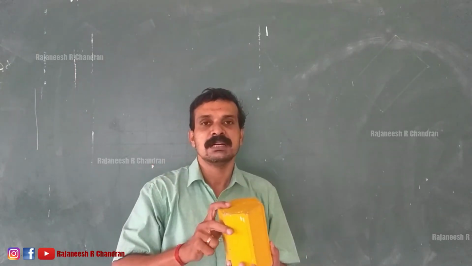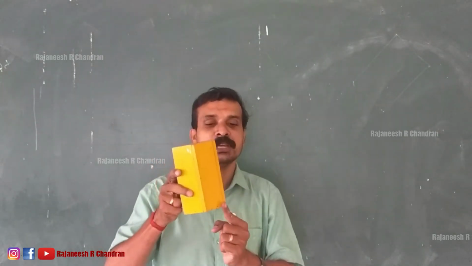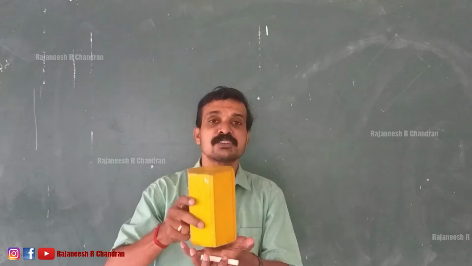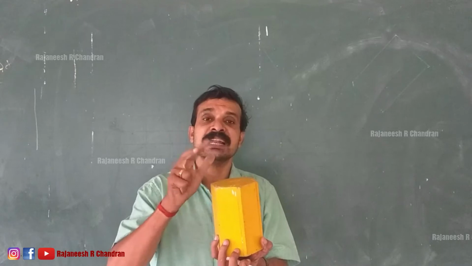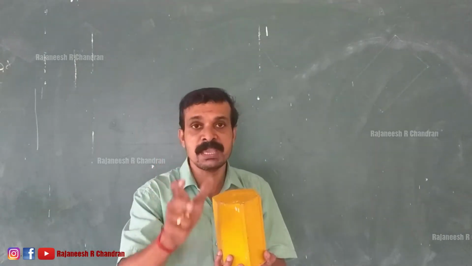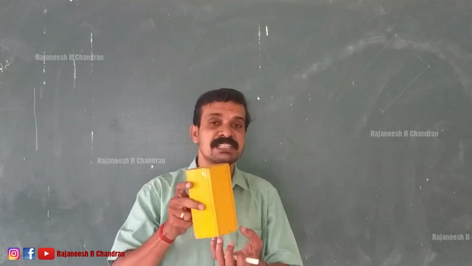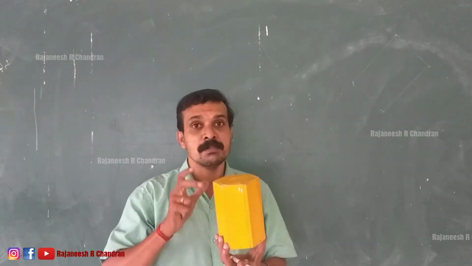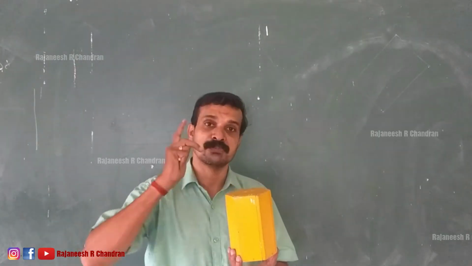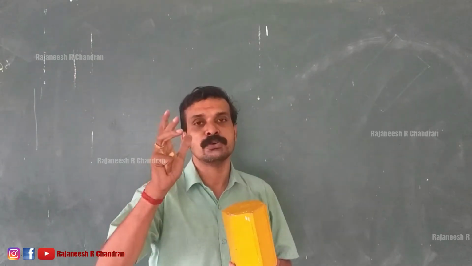So we can read this question as: a hexagonal prism of base edge 20 mm and height 60 mm is placed on the ground with one of its base edges, with the axis inclined at an angle of 45 degrees with respect to HP, and the base edge on which it is resting inclined at an angle of 40 degrees with the VP. Why? Because the inclination with the HP should be given first and the inclination with the VP next. So we have to read the question like that. So we are going to solve the problem.